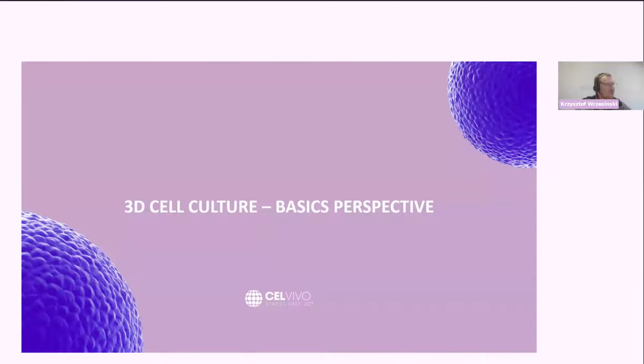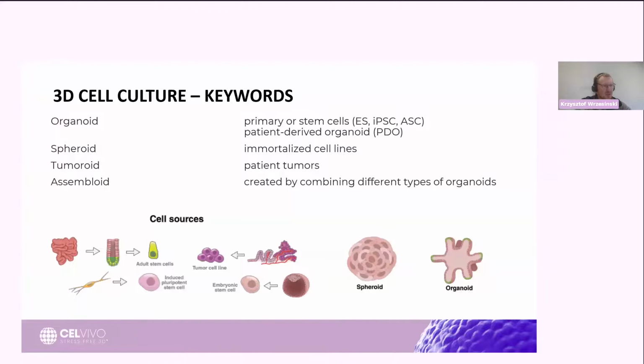But before we go further into the environment, I would like to recapitulate the basic 3D cell culture keywords. If we talk about 3D cell culture, we use terms like organoids, which are constructs created from primary or stem cells.